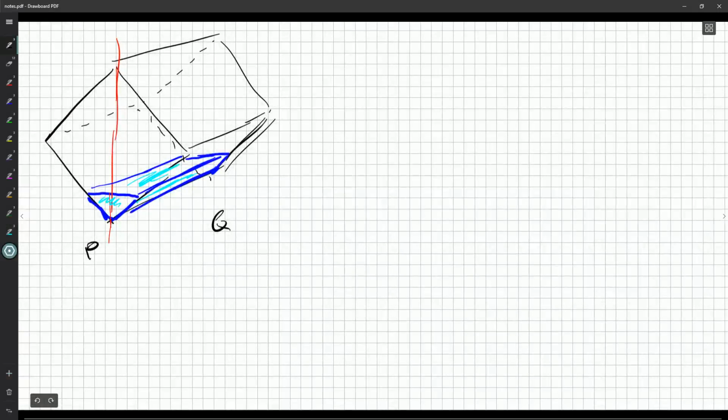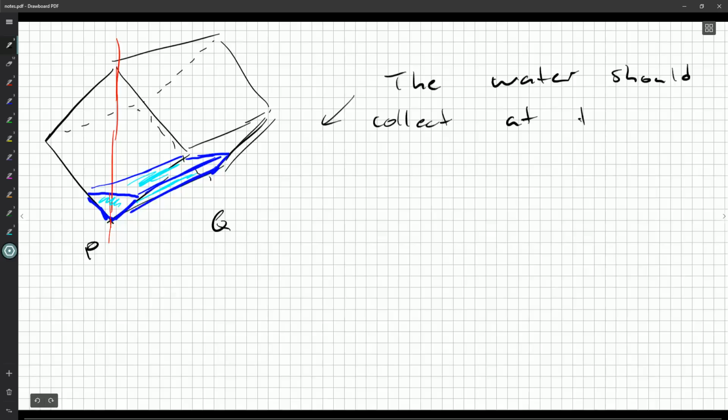So we can see the water should collect at the base as a triangular prism.